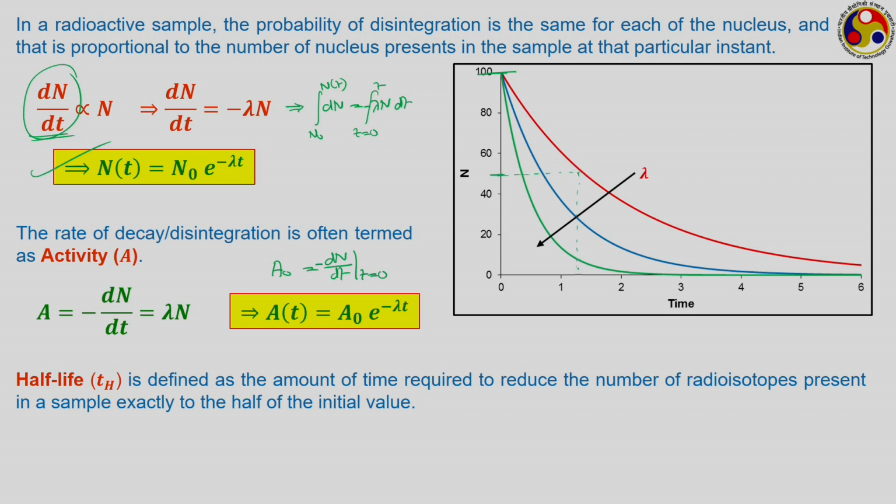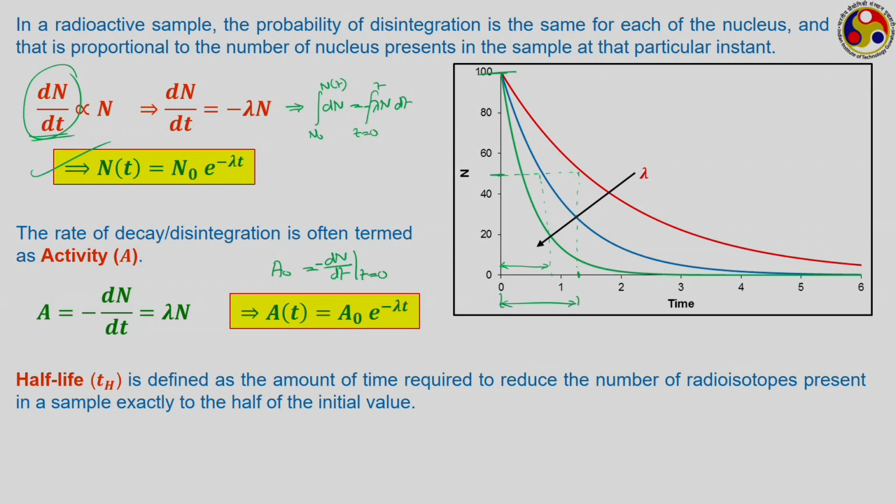So, this particular period is the half life for that red colored sample. Whereas, a sample having a higher value of lambda, see here, its half life will be this one for the blue colored sample, and it is definitely much smaller compared to this.